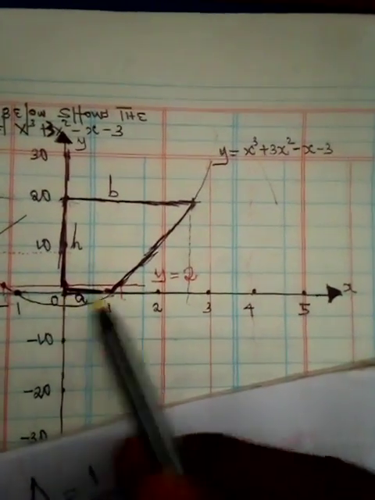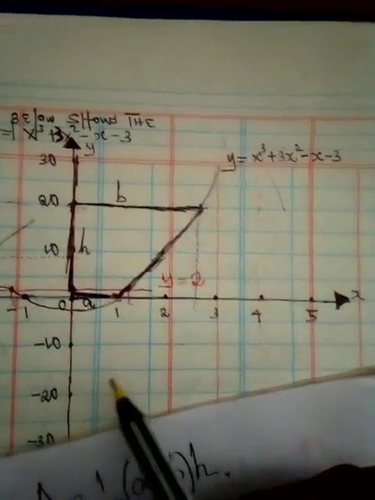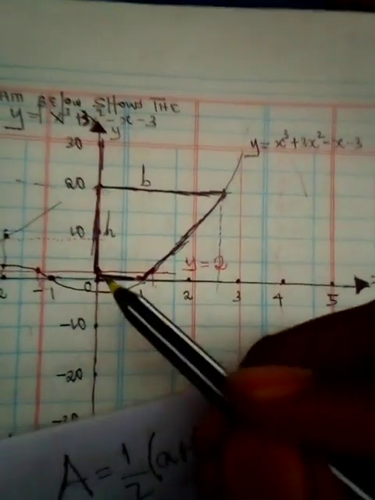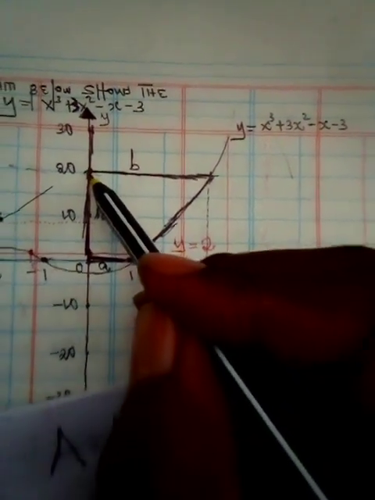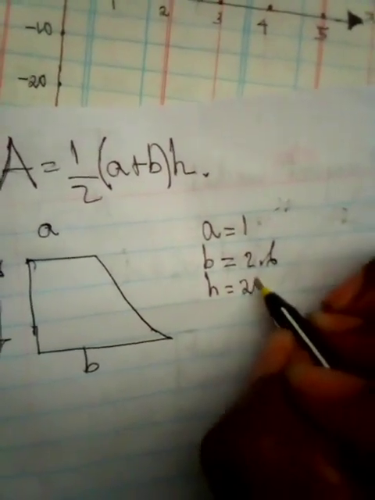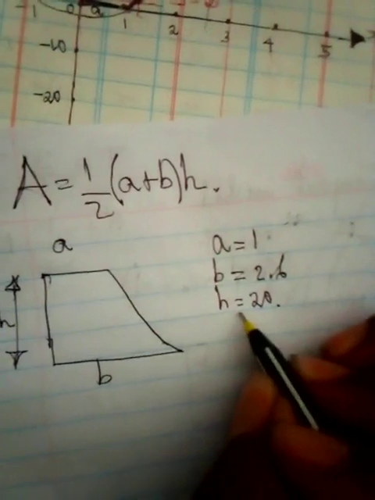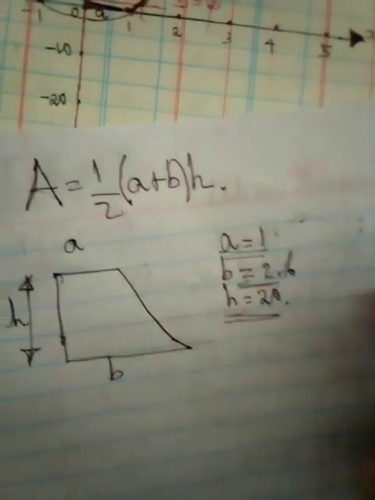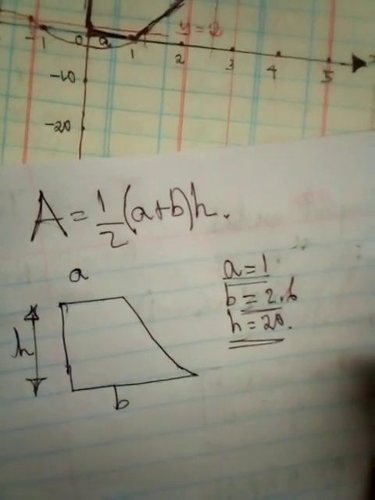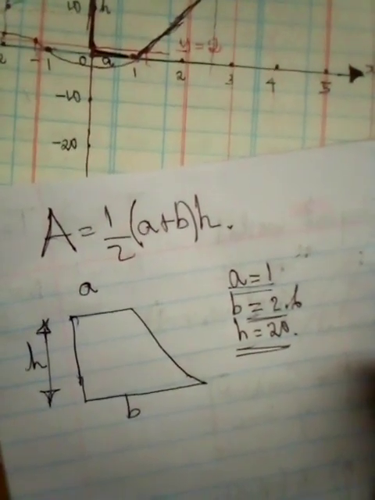Your height is starting all the way from 0 to 20. So 20 minus 0, that's just 20. And that is it. H is equal to 20.